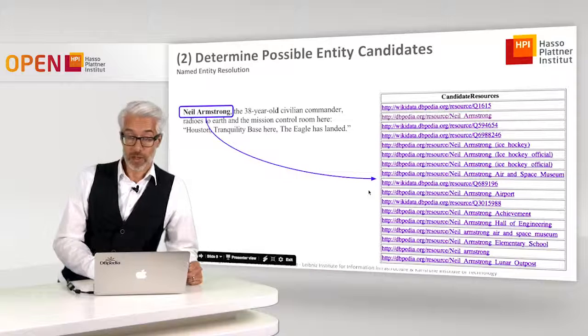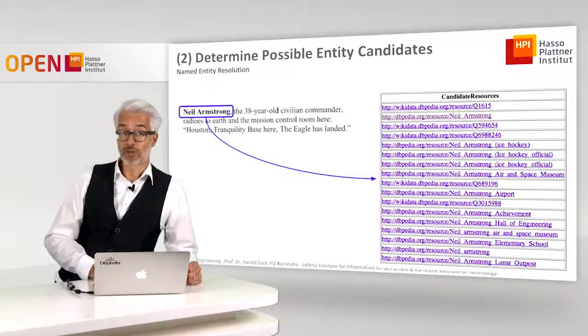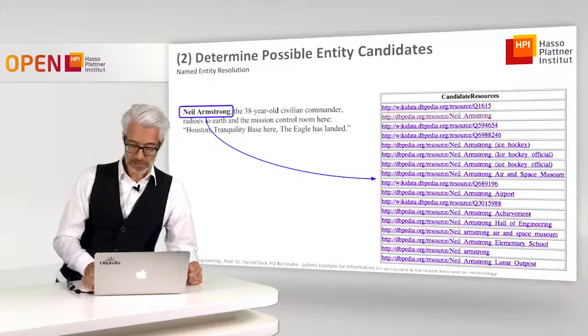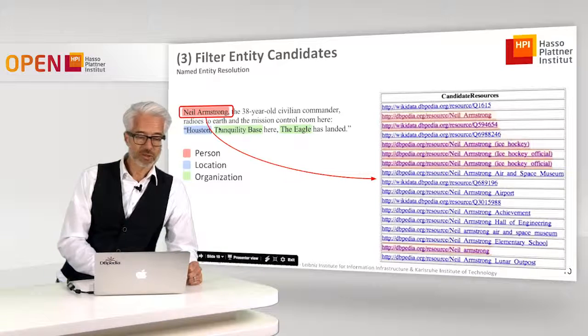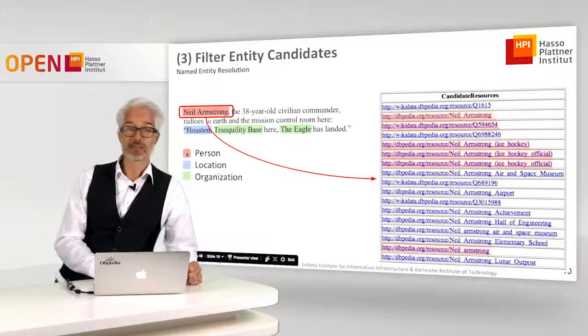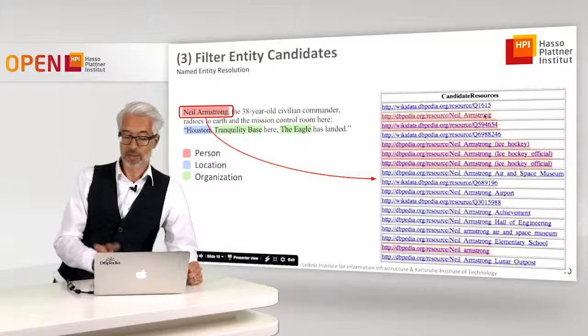What can furthermore help, for example, is if you are using information from the knowledge base and, for example, from the entity recognition process. For Neil Armstrong here in the text, we have found out that this must be a person, so therefore we can filter here only these entities in the knowledge base which refer to a person. So we will end up, of course, with Neil Armstrong.